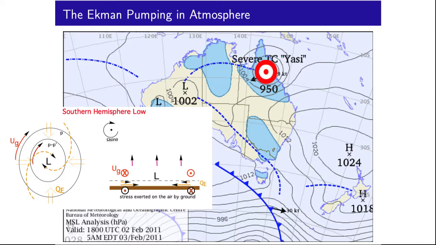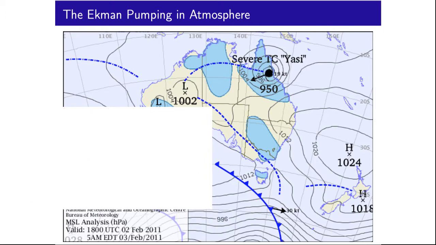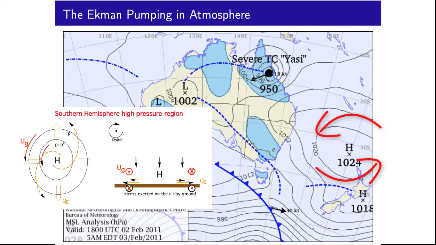So by way of viscous Ekman processes, the flow near the ground in a low pressure system is oriented inwards and upwards. For high pressure systems, the opposite is true. The flow near the ground in the Ekman layer is oriented outwards, requiring a downwelling in the center for continuity.